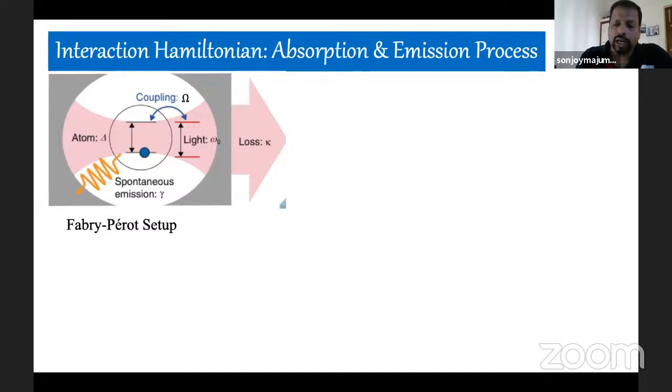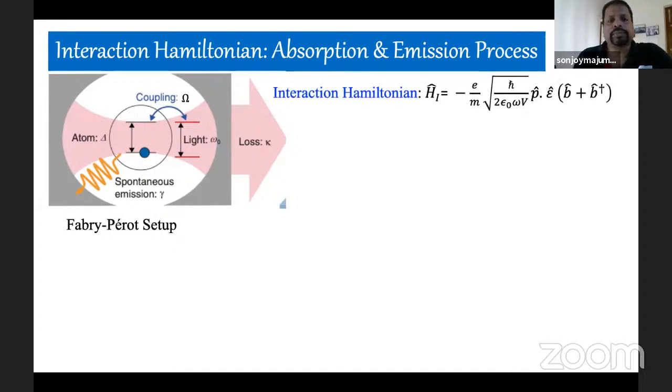Now that you understand absorption and emission processes of electric dipole transitions, let us take our actual experiment, where we keep an atom having two energy levels, with the electron having two orbitals, one ground and one excited, and the light confined inside this cavity.